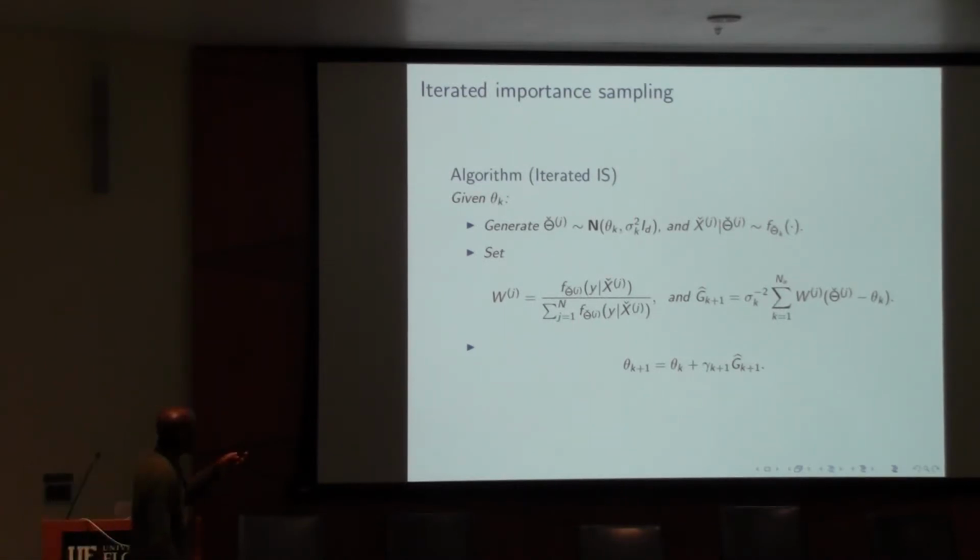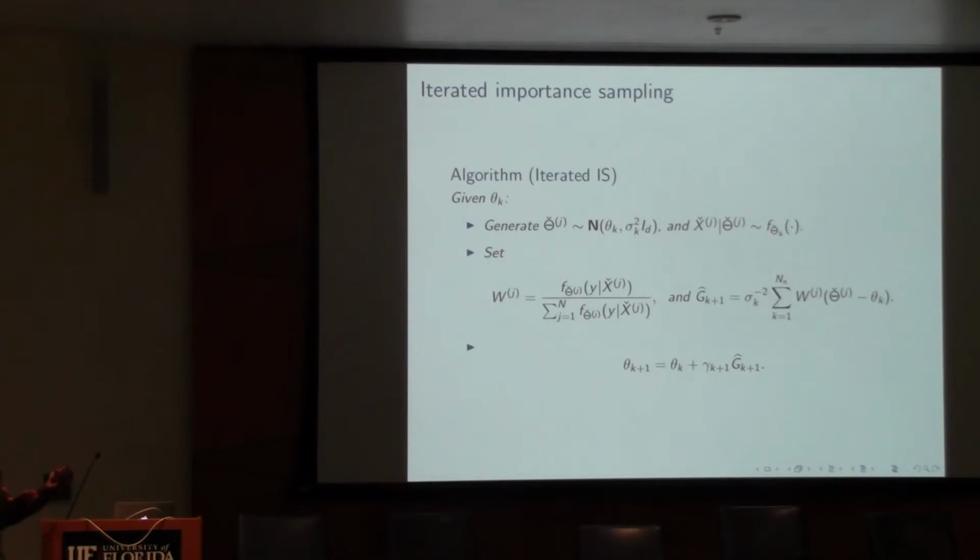I plug it back here in this stochastic gradient step. So you see, the only thing that we really need here is to sample from the signal given the observation. You could also think of it as some sort of calibration.